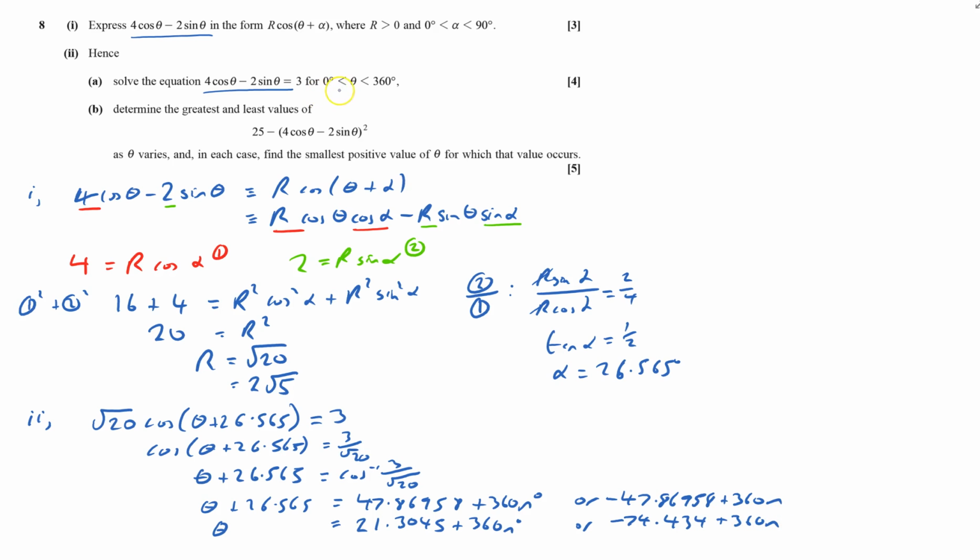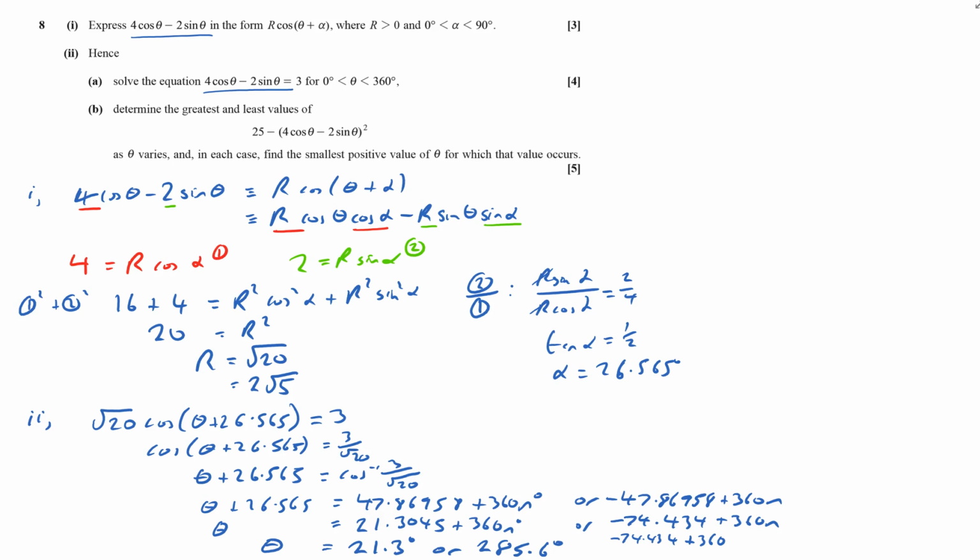But it says the value has got to be between 0 and 360, so the first one is definitely 21.3 degrees, with n being 0. If n's 0 here, then I get minus 74, so actually I'm going to have n being 1, so it's minus 74.434 plus 360. If I do that, theta equals 285.6 degrees. So that does that next bit.